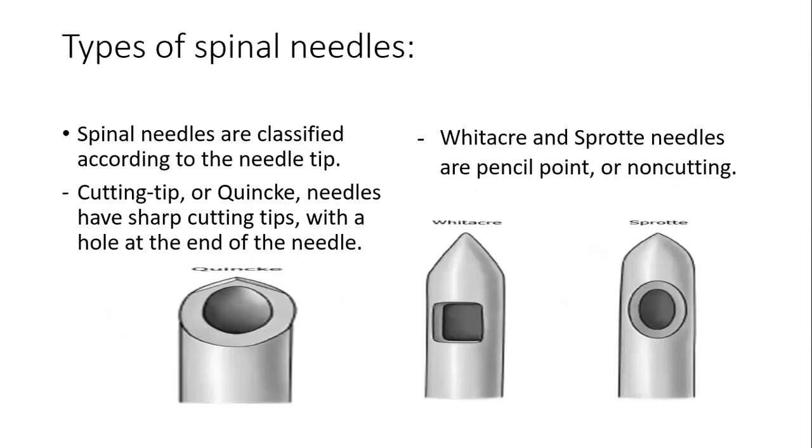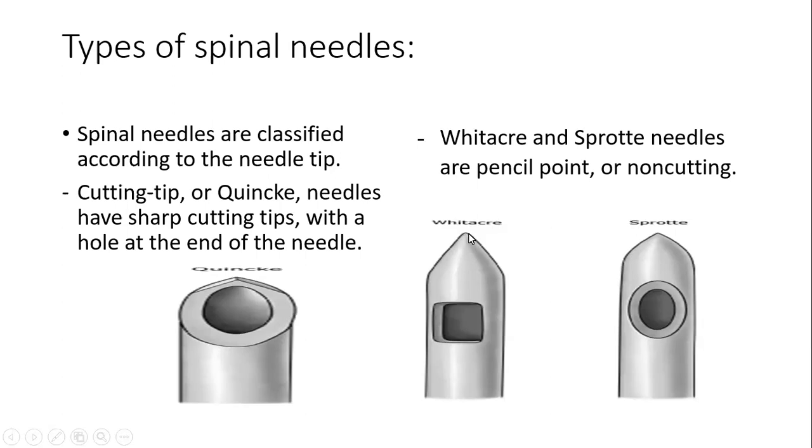So, types of spinal needles. Spinal needles are classified according to the type. We have the cutting tip, you can see the tip is a cutting tip, or the Quincke needles. What they do, they have sharp cutting tips with a hole at the end of the needle. Then we have the pencil point, or the non-cutting.